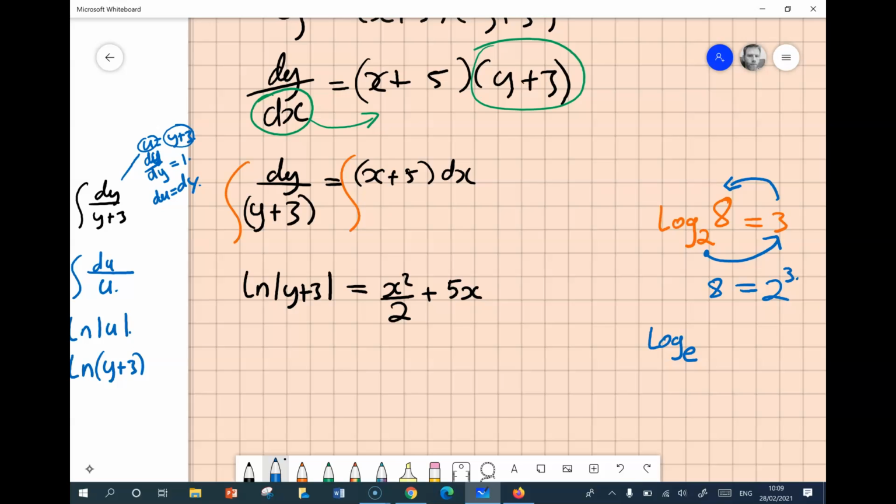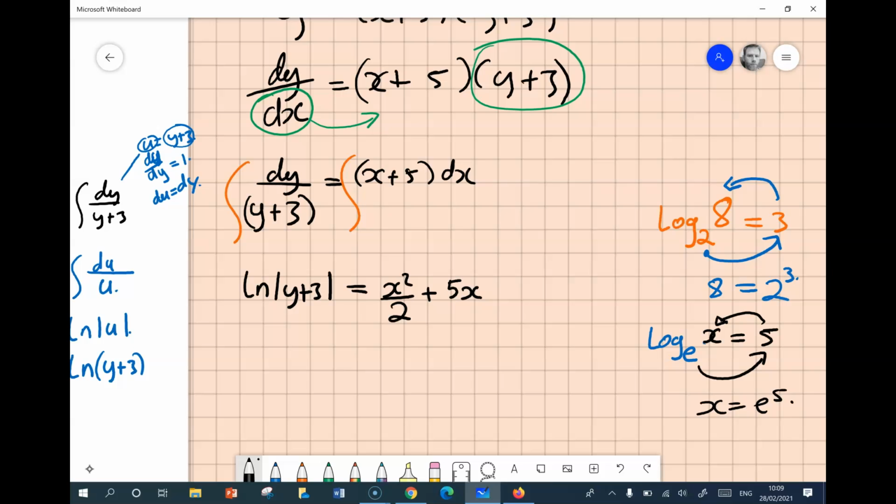So if I had log x base e equals 5, so e to the power of 5 equals x. So I can say x is equal to e to the power of 5. And that's what we're going to utilize here.